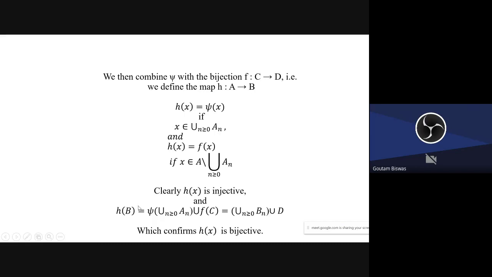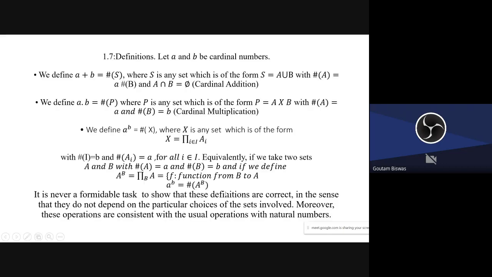And H of B, what is H? Psi of the union here, FC. What is this set?